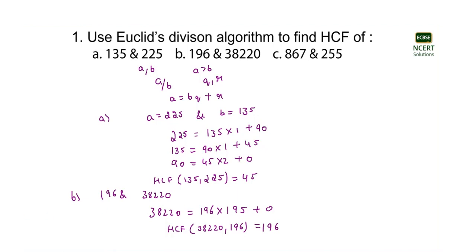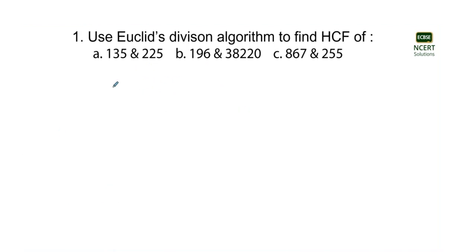So now coming to the C part of this question, here the numbers provided are 867 and 255. Here clearly the number 867 is greater than the number 255. So in this case, A will be equal to 867 and B will be equal to 255.